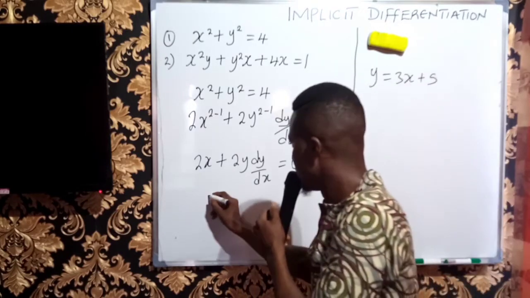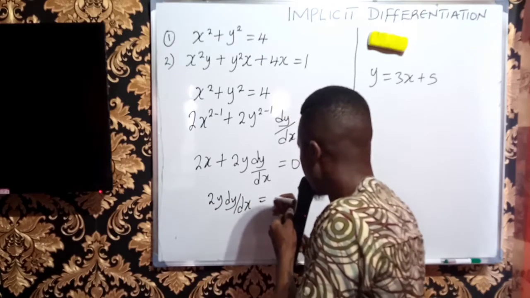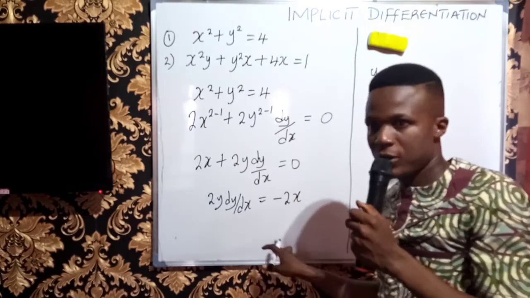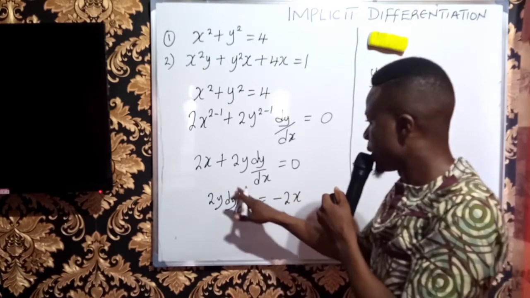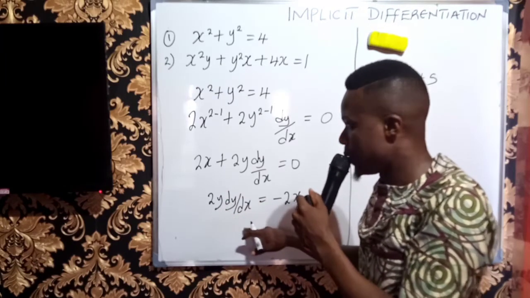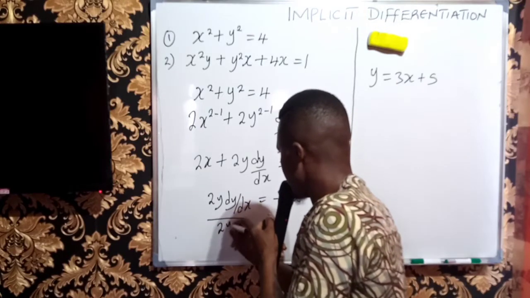Let me move this term to the right hand side. I will have 2y dy over dx equals negative 2x. This positive here crossing over is negative. To get rid of the 2y, I will divide both sides by 2y so that I can get a value for dy dx.